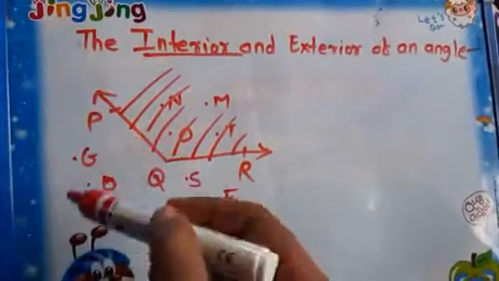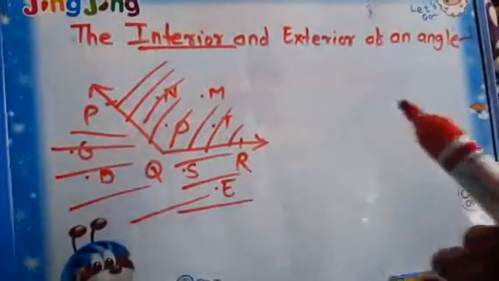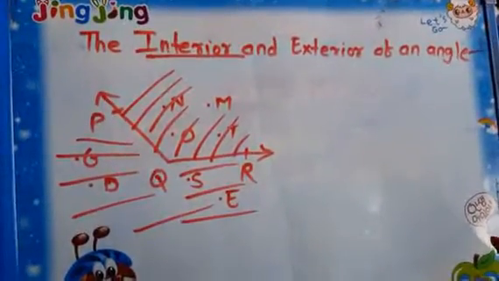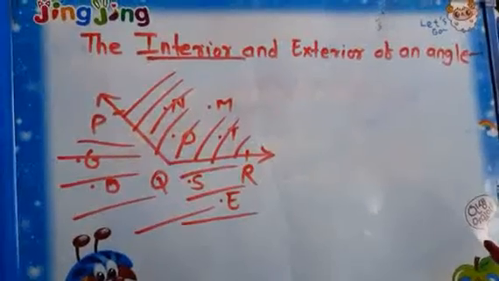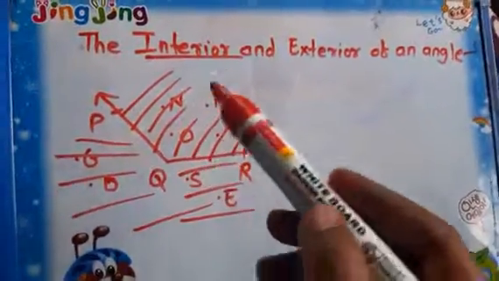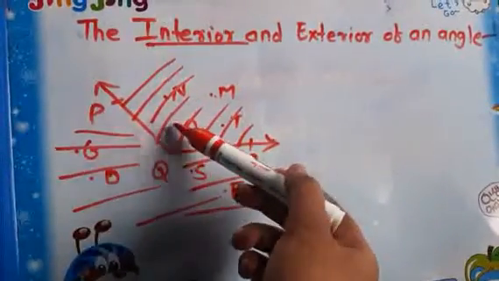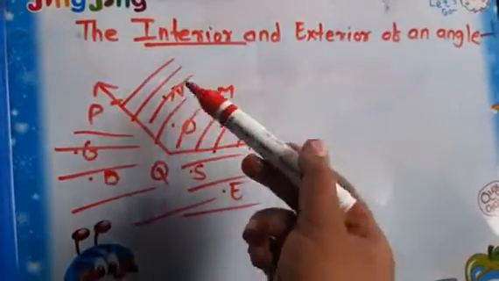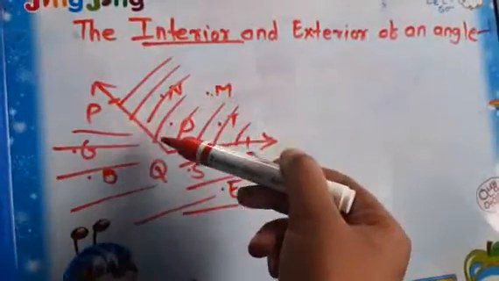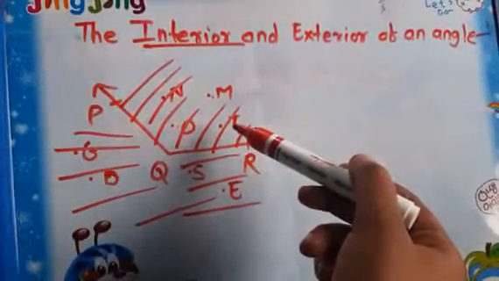Outside this angle, whatever is the area, we can say it is the exterior of the angle. So can you name the points which are present in the interior of the angle? These points N, M, O and T are present in the interior, on the inner side of the angle.